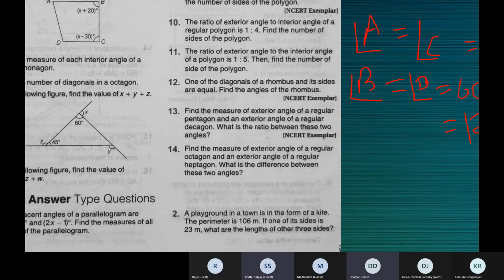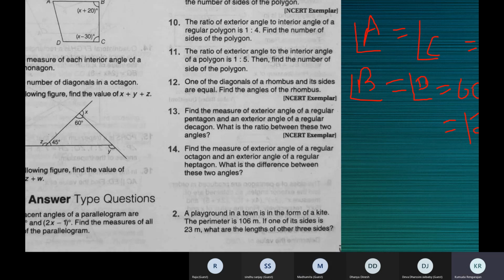Point 4 degrees, ma'am. Okay, you can just take 51.4. And then what is 360 by 8? 45 degrees, ma'am. So the difference between these two is 6.4, ma'am. Yeah, 6.4.